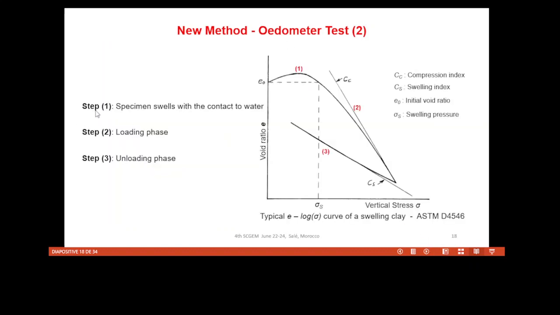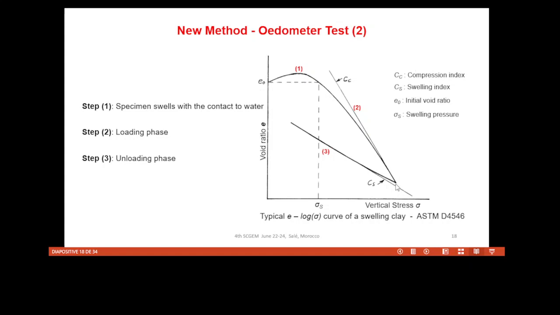So this is a typical curve from the Oedometer test showing in the first stage the increase of the void ratio when the soil is saturated, and this is the swelling phase. And then when we load the specimen, of course the void ratio decreases, and then we have the consolidation phase.